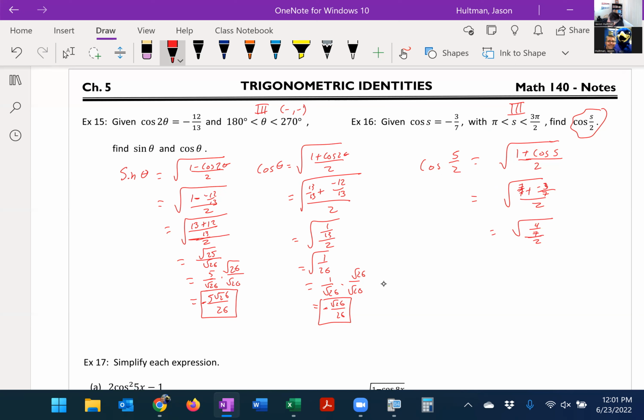This is basically going to be 4 over 14, which reduces to 2 over 7. So this is radical 2 over radical 7, multiplied by radical 7 over radical 7 so that I can rationalize that denominator. And this becomes radical 14 over 7.